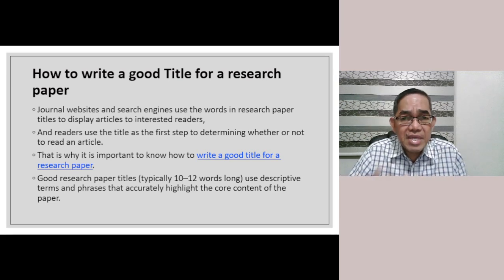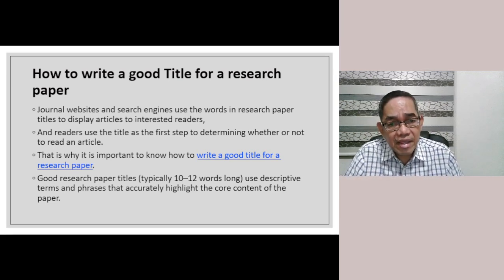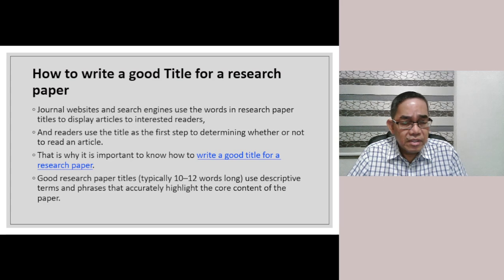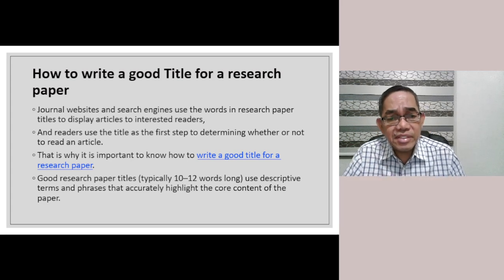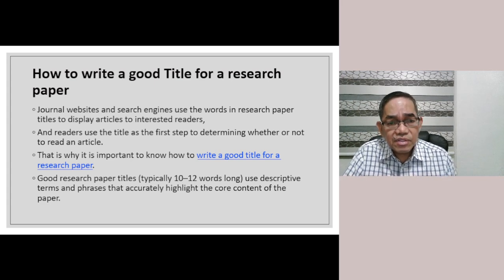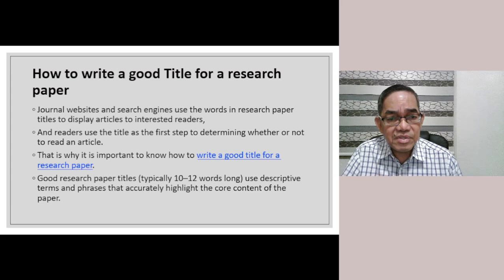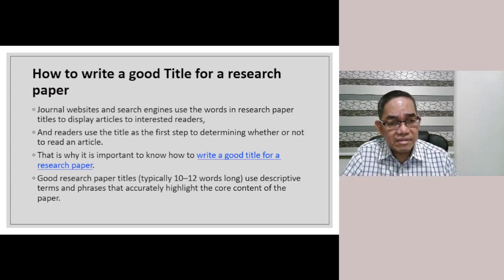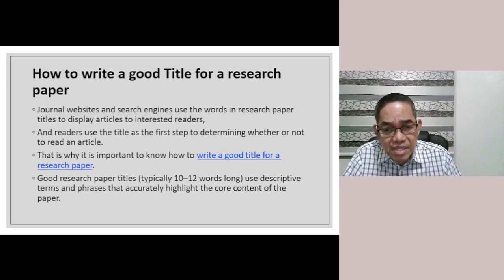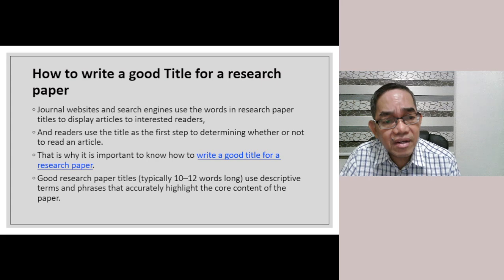And so let's begin with how to write a good title for a research paper. Journal websites and search engines use the words in research paper titles to display articles to interested readers. And readers use the title as the first step to determine whether or not to read an article.